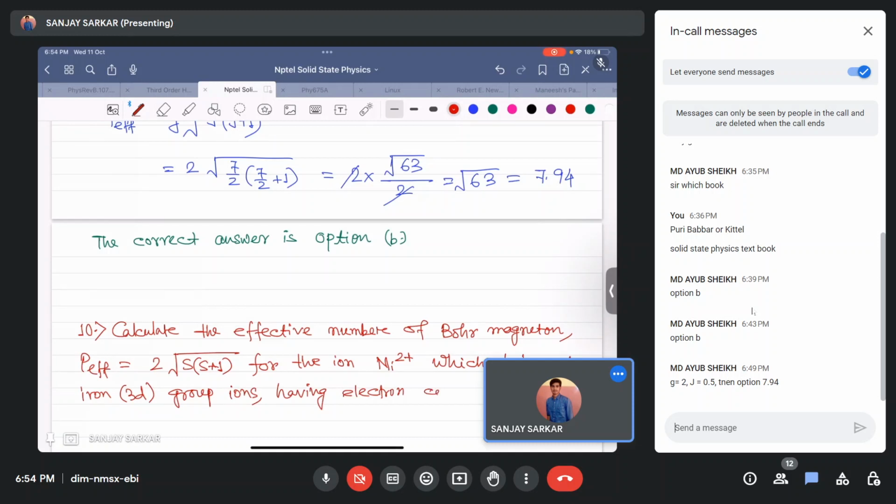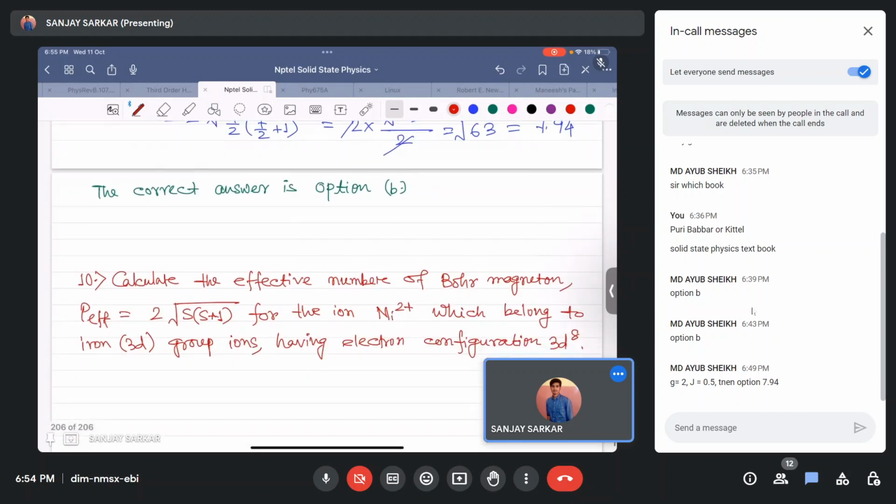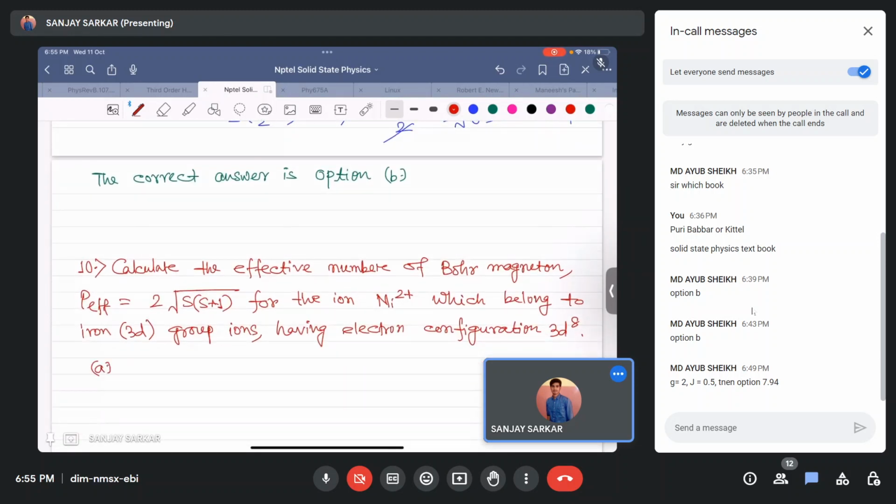Having electron configuration 3D8. The options are: option A is 1.73, option B is 3.87, option C is 2.83, and option D is 4.90.